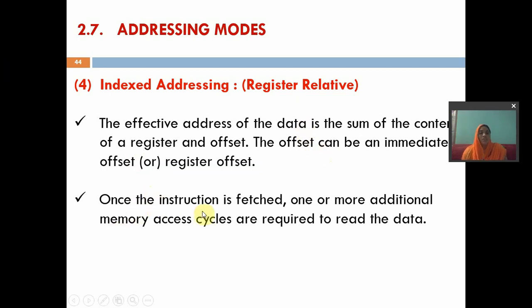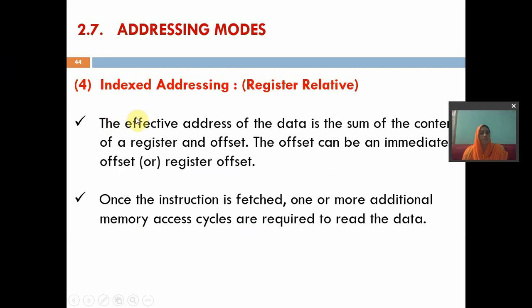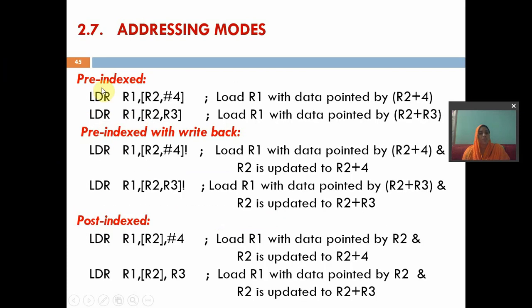So once the instruction is fetched, one or more additional memory access cycles are required to read the data. So for this operation we require one or more operations. These are examples of index addressing modes: offset addressing mode, pre-indexed with write back, and post-index addressing mode.